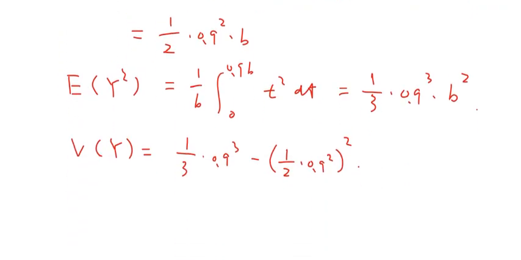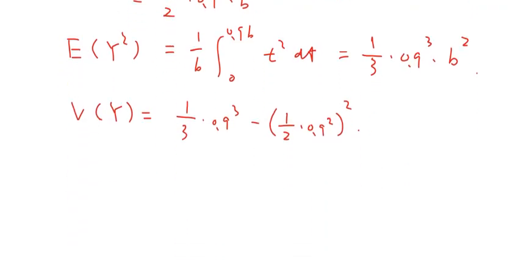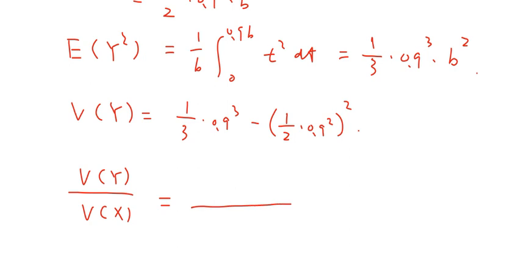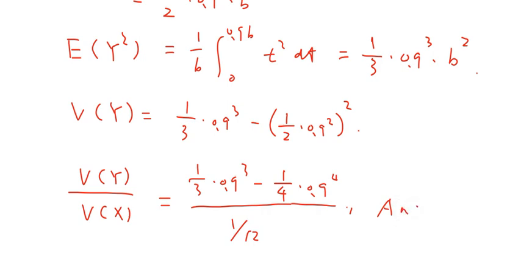So Vy over Vx equals, with the 1 over 12, something like 1 over 4 times 0.9 to the fourth. Then take the square root, so it becomes the standard deviation.